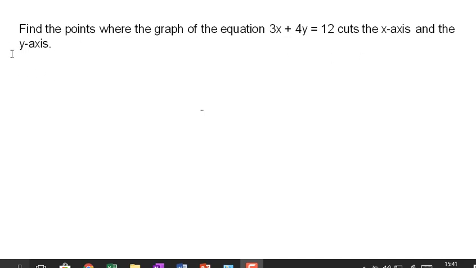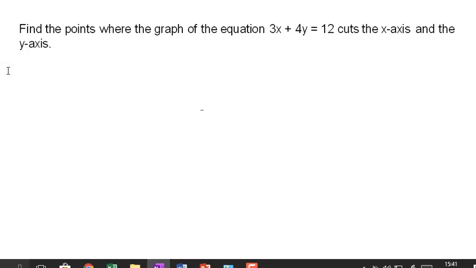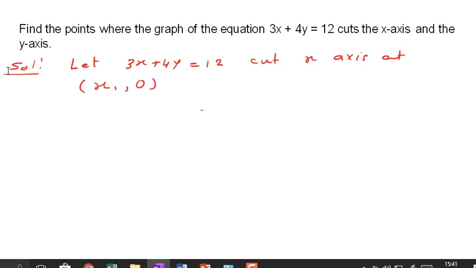So I will say in the solution: let 3x plus 4y equal to 12 cut the x-axis at x1 comma 0. The y coordinate we know is 0, the x coordinate we don't know, so we call it x1.